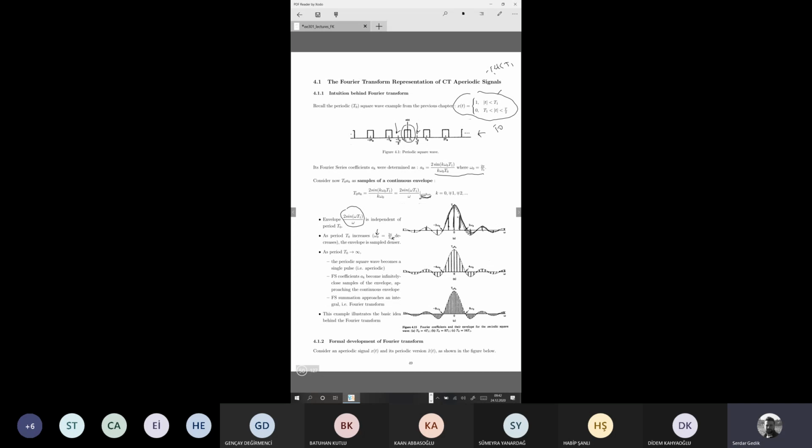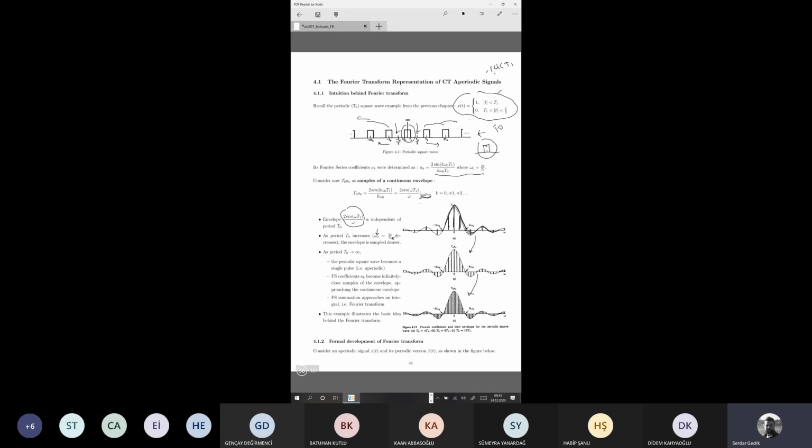As I decrease omega 0, I have denser samples. So as t0 goes to infinity, this periodic square waveform becomes a single pulse. These are going to infinity, so I only have a rectangular pulse left at the initial period.